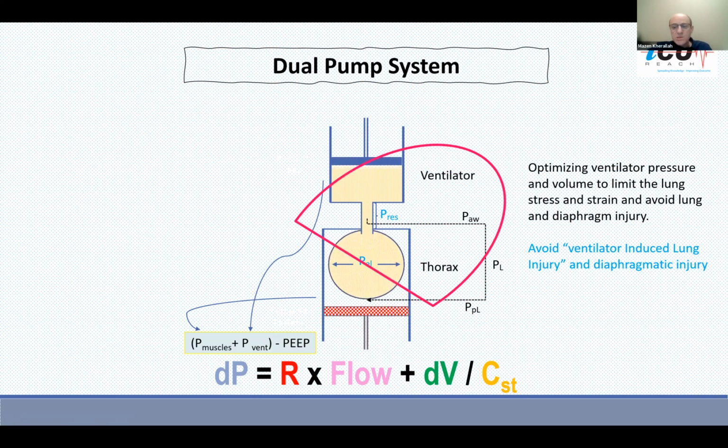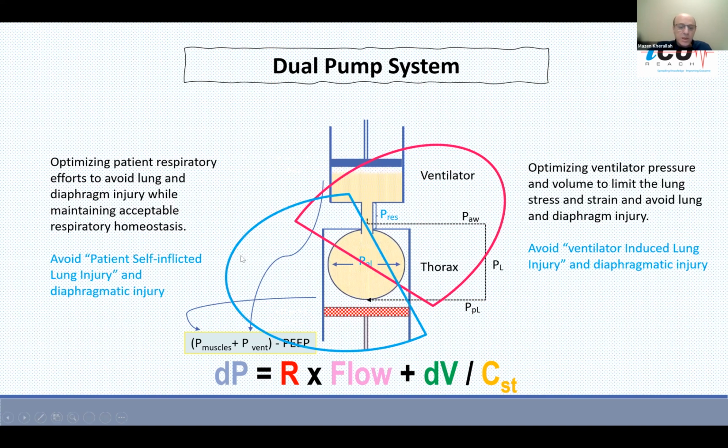So the aim on one side, from the ventilator, is to prevent ventilator-induced lung injury and ventilator-induced diaphragmatic injury. On the other side, you need to think about the patient's inspiratory efforts, and you need to optimize them to avoid lung and diaphragm injury, while of course maintaining acceptable respiratory homeostasis.